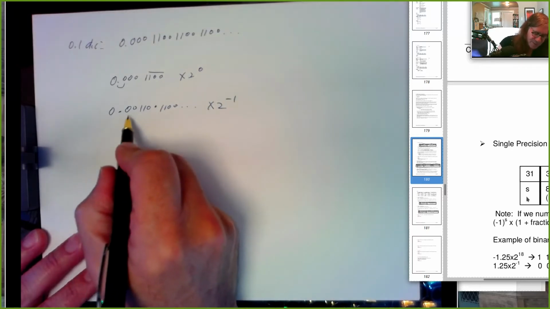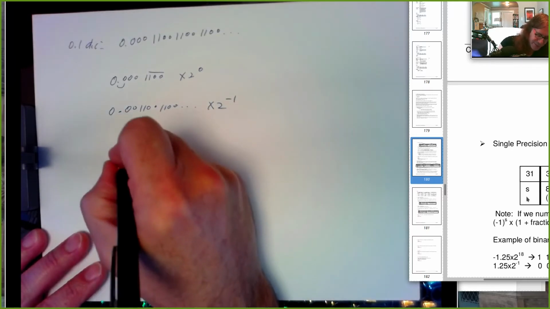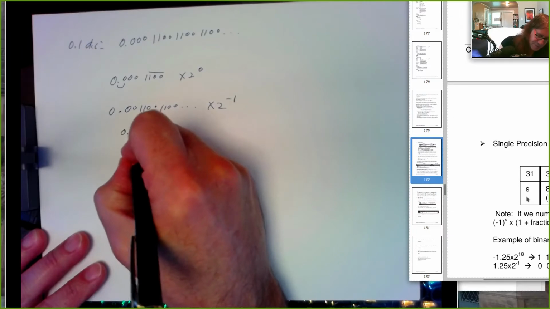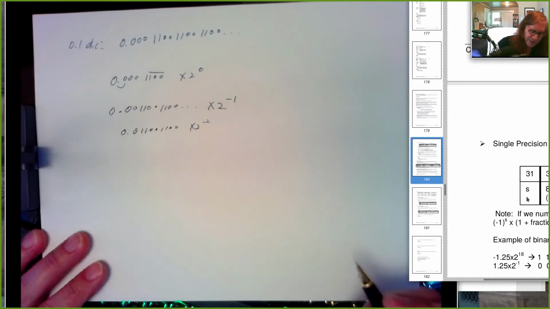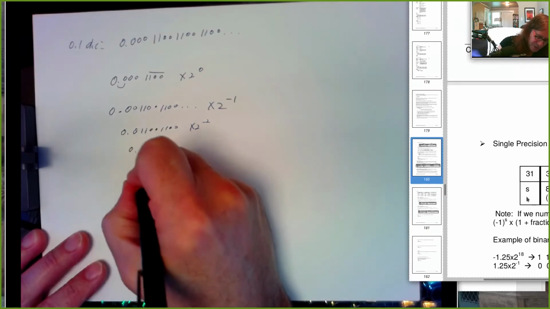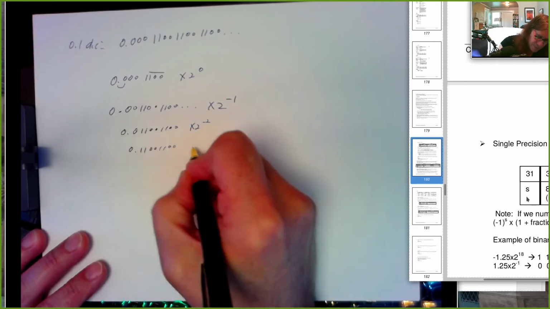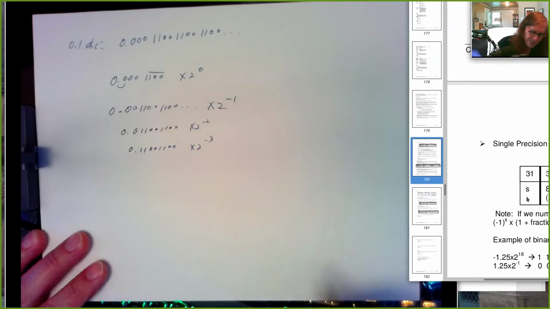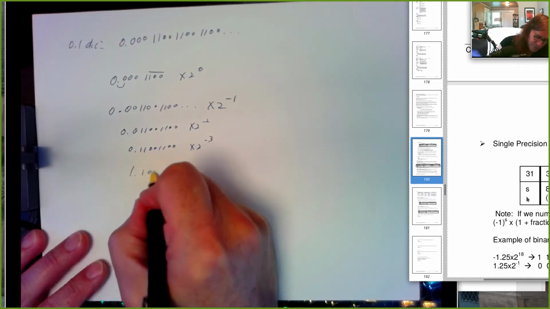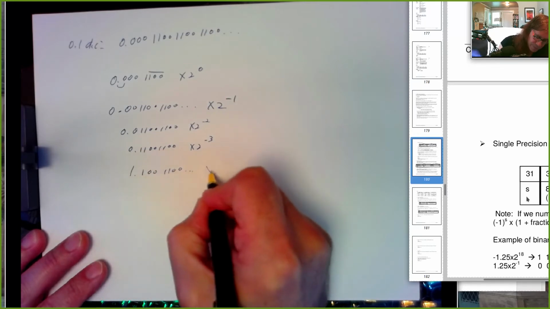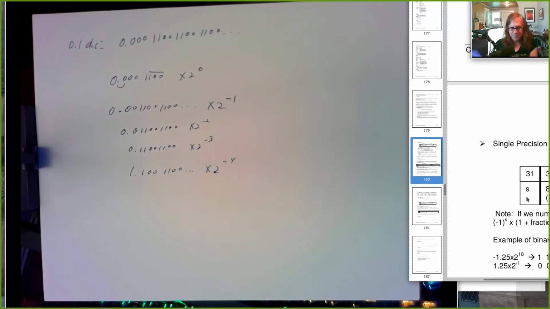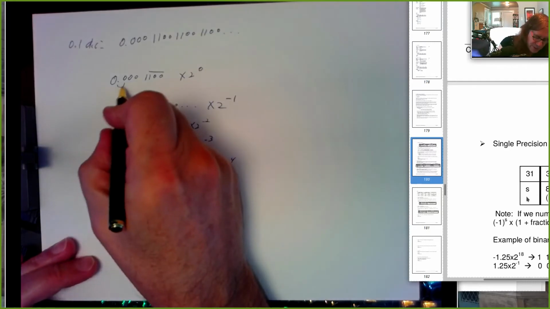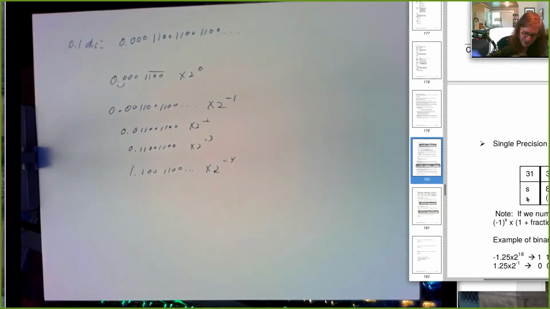So if I move the decimal point 1 spot, this is 2 to the -1. If I move it a second spot, that's 2 to the -2. A third spot, that's 2 to the -3. Once more, that's 2 to the -4. Or you just start here and go 1, 2, 3, 4, and then subtract 4. But that's what you're doing.